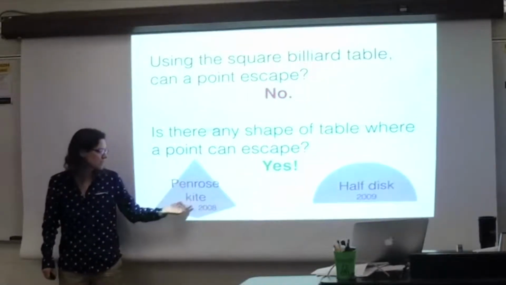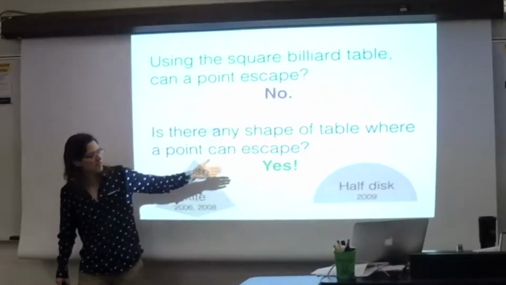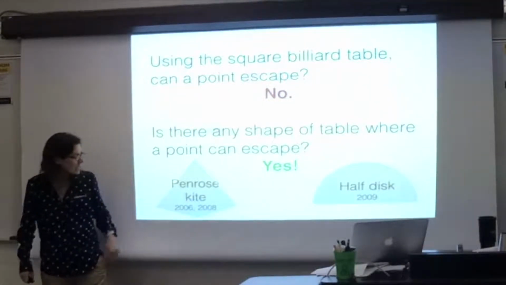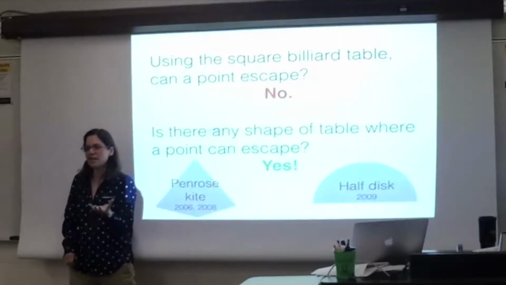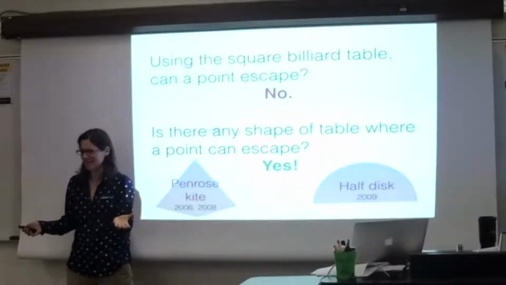So my advisor, Rich Schwartz, came up with the Penrose Kite, and Dogru, Fayad and Piat came up with the half disk, and they both showed that you can have escaping trajectories. So Penrose Kite, you might be familiar with the Penrose tiling. It's this tiling that I'm personally obsessed with, so I assume everyone knows about it, right?